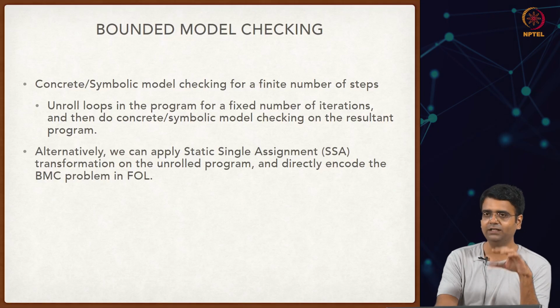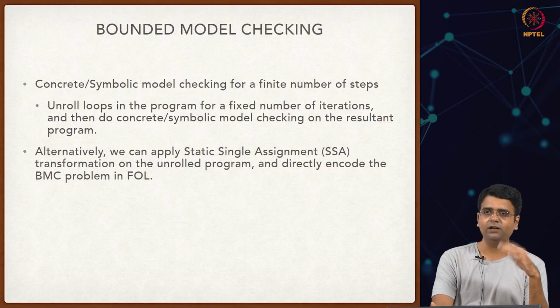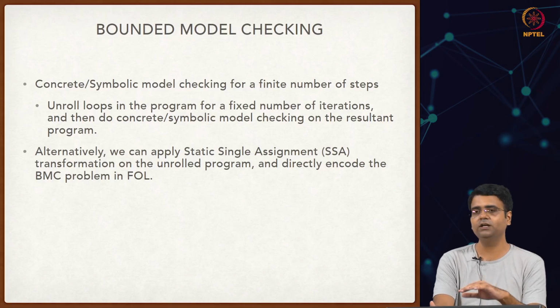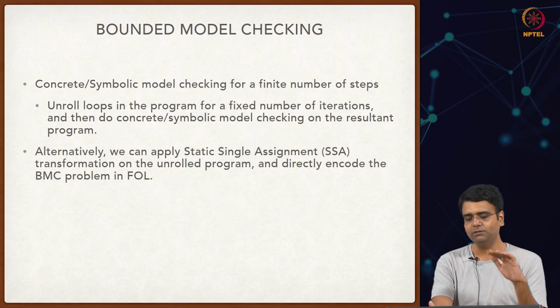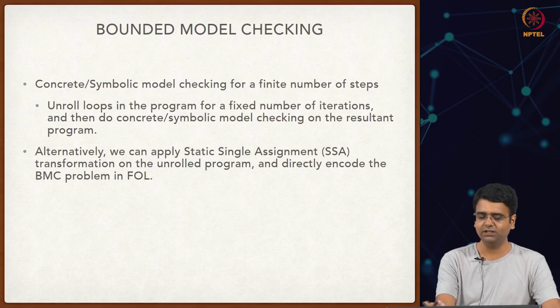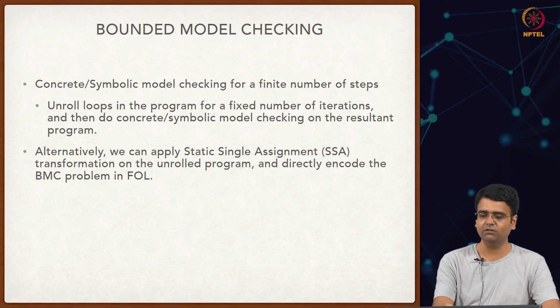This is what we did in the Microsoft Zune example, where we did bounded model checking without running the model checking algorithm. Instead we directly encoded the model checking problem in first order logic. So this is another way of doing bounded model checking. But the main idea is essentially to do concrete or symbolic model checking for a fixed number of steps, or a finite number of steps.